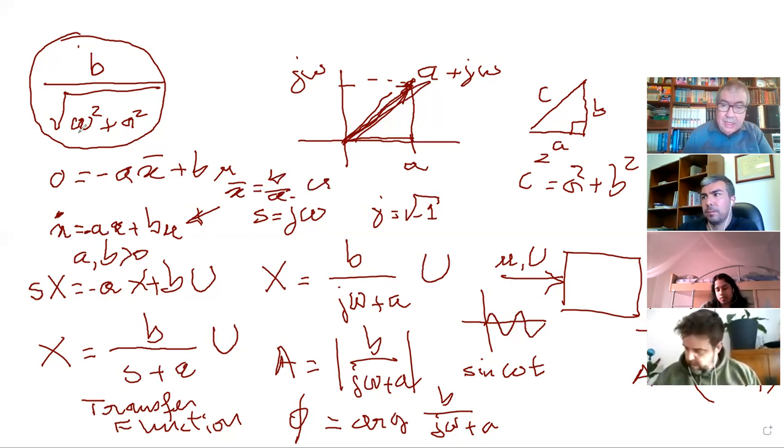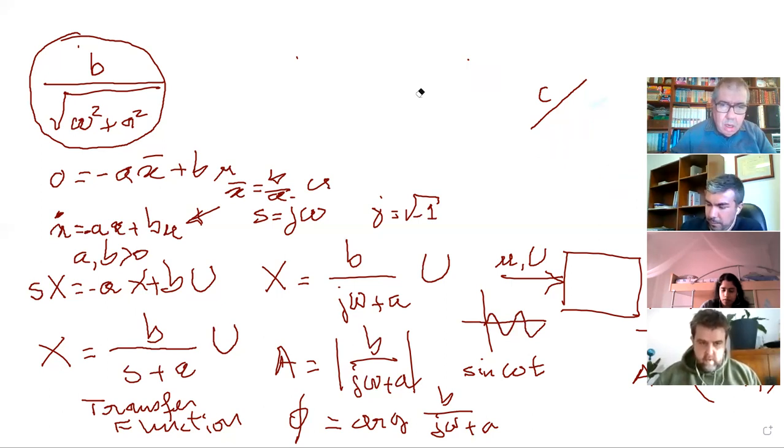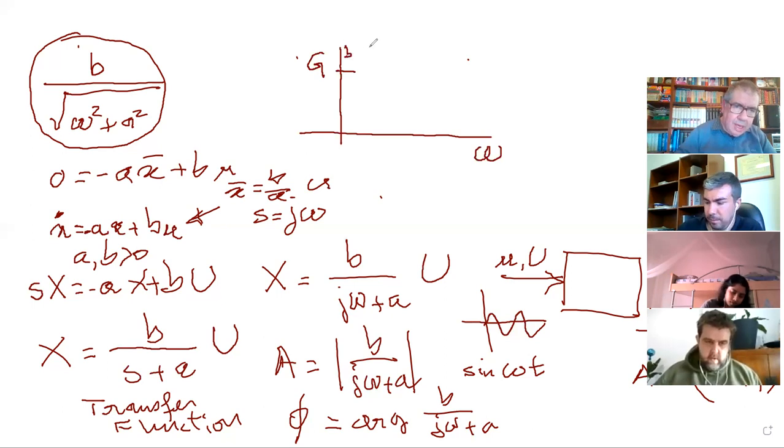So this is a low pass system. If you do a plot in which you have the gain of the system, let's call it G, and this is omega, now in linear coordinates, it starts at B divided by A, and then does something like this and approaches 0.